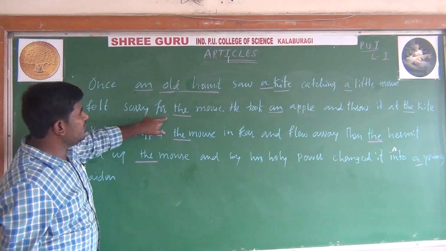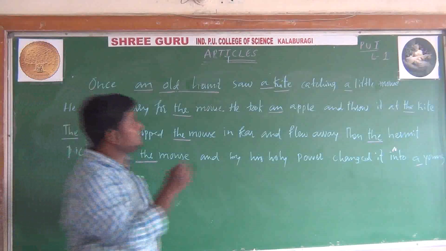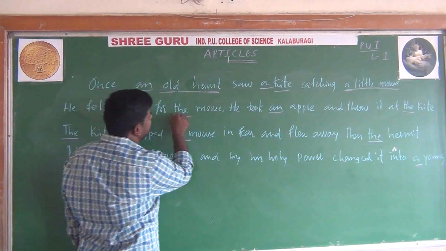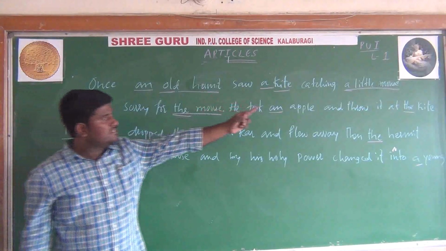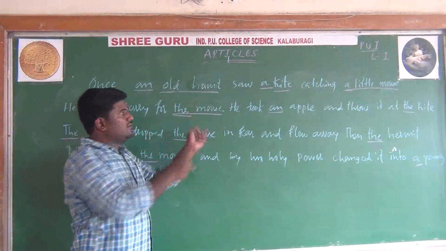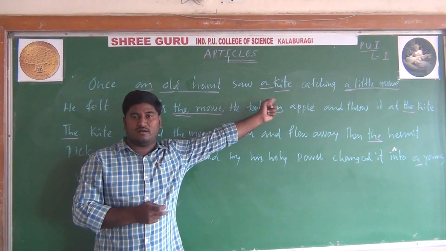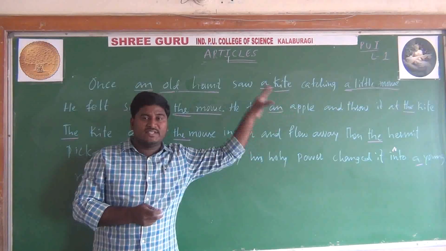He felt sorry for the mouse. You may notice here he said a little mouse, but here he mentioned the mouse. Why the mouse here? Because we are talking about the same mouse which is already mentioned earlier in the paragraph, which is already known, which is certain, which is definite.